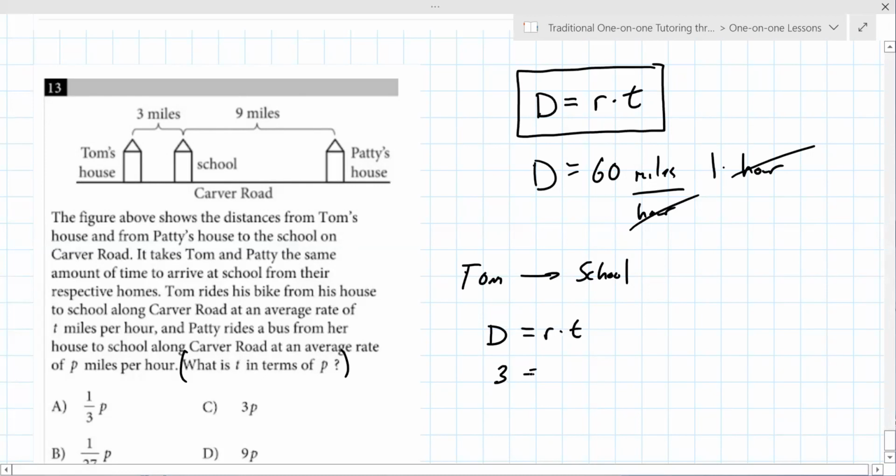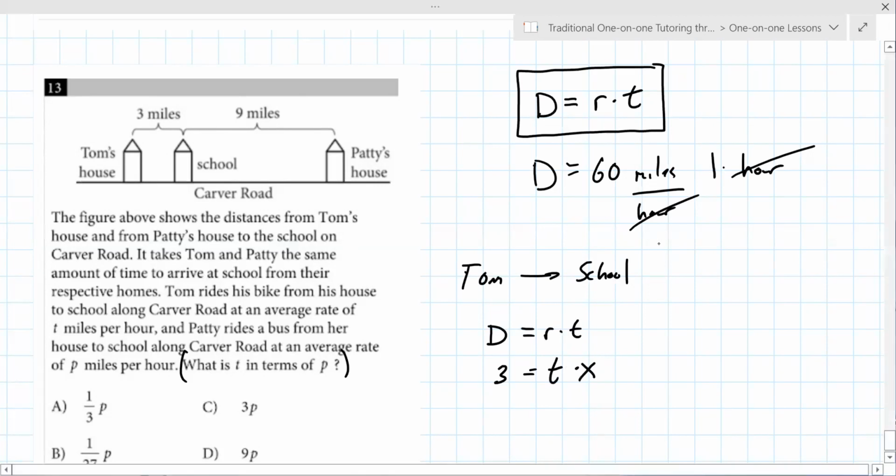What is his rate? What is Tom's rate? They give it to you in the problem here. Rate of T miles per hour. Yeah, so what's bad is R is really T, and then this T, we're gonna have to use a different letter. I'm gonna use X for the moment for his time.